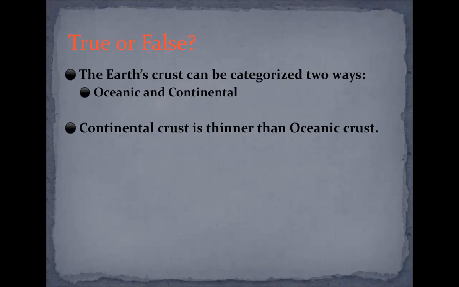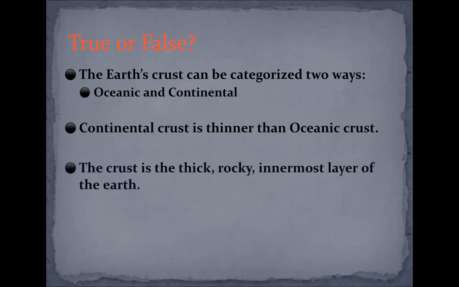The oceanic is thinner. The crust is the thick, rocky, innermost layer of the Earth. True or false? True.